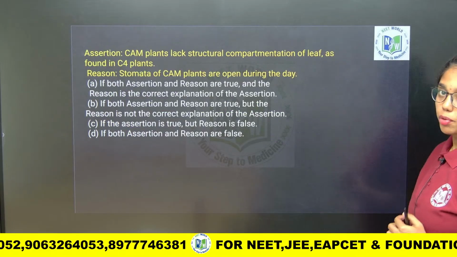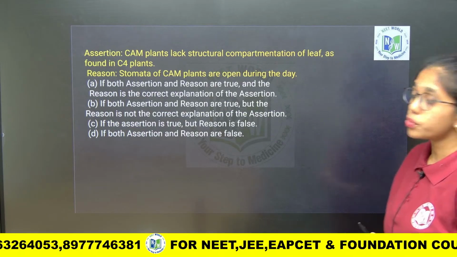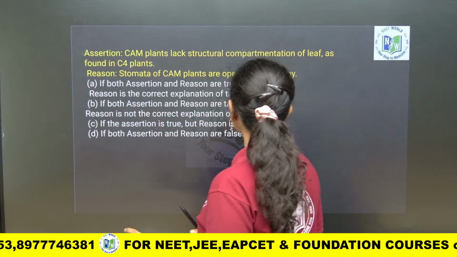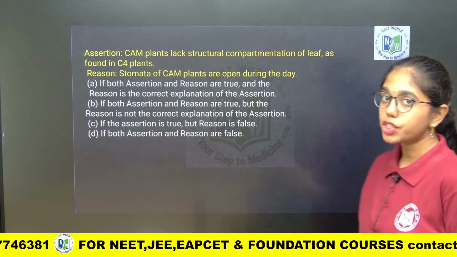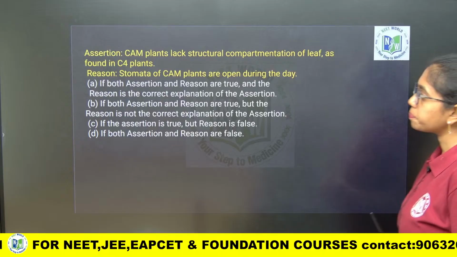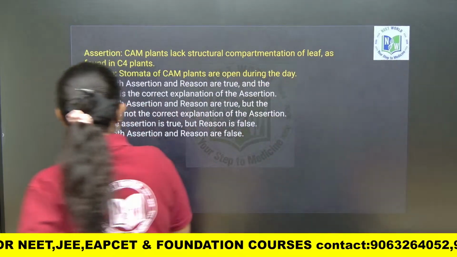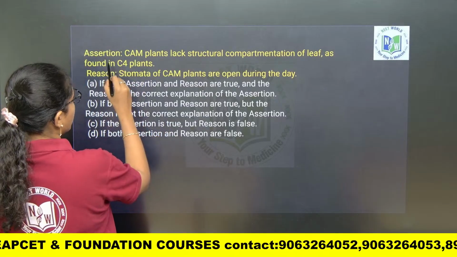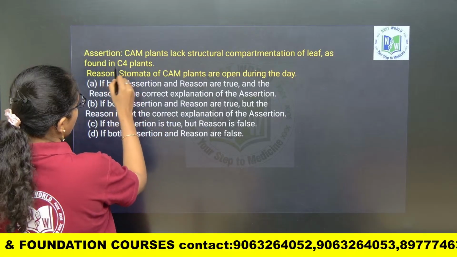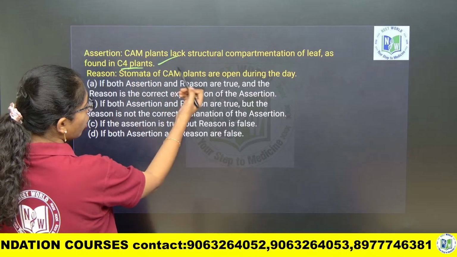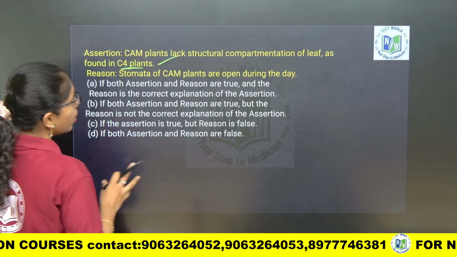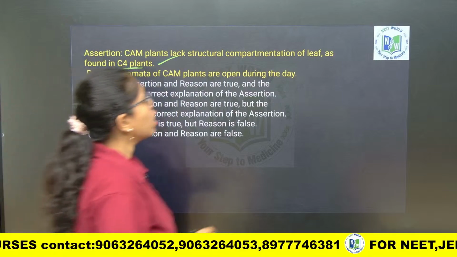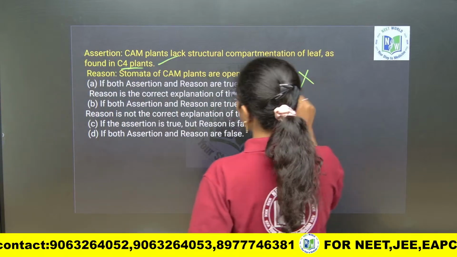Assertion reason type of question. CAM plants will lack structural compartmentation of leaf as found in C4 plants. True. Stomata of CAM plants are open during daytime. This is wrong. Stomata of CAM plants will be open during night time.